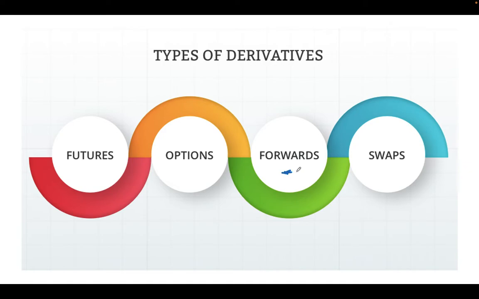The first one is forwards. A forward contract is a contract between two parties, on a one-to-one basis, and it is usually transacted in over the counter exchanges. So it is not regularized. So you can customize.